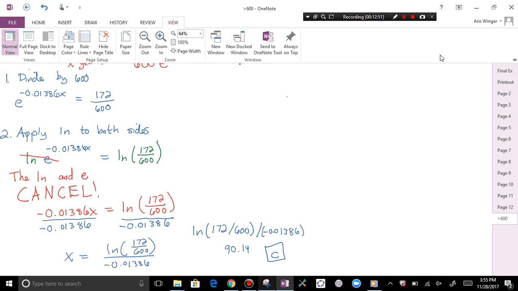And then you can do divided by, and again, use parentheses. Negative 0.06. So you need to add another 0 there.